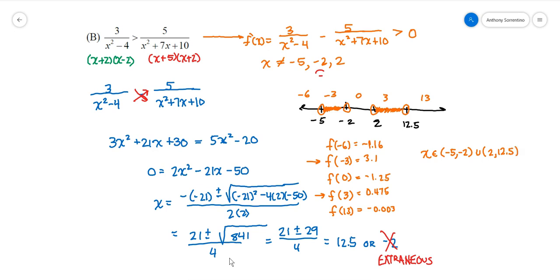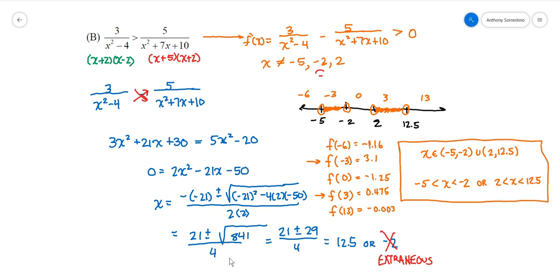Or I can simply say that x is less than -2, more than -5, or 2 is less than x, which is less than 12.5. So these would be 2 ways to express the solution to this inequality.